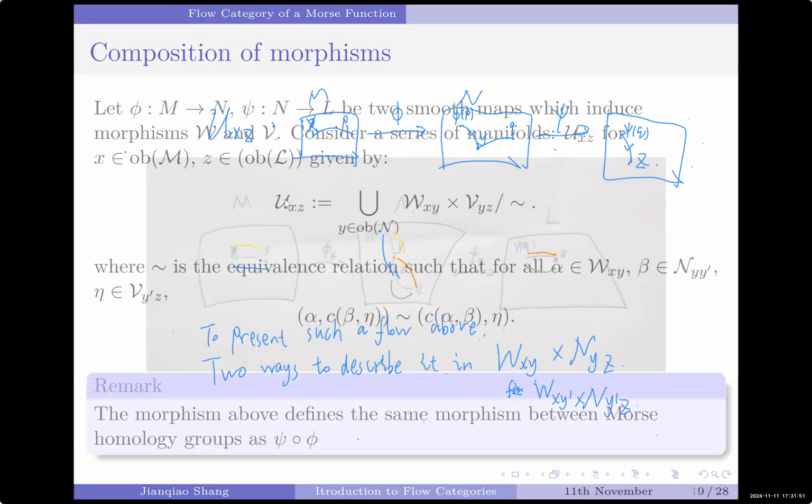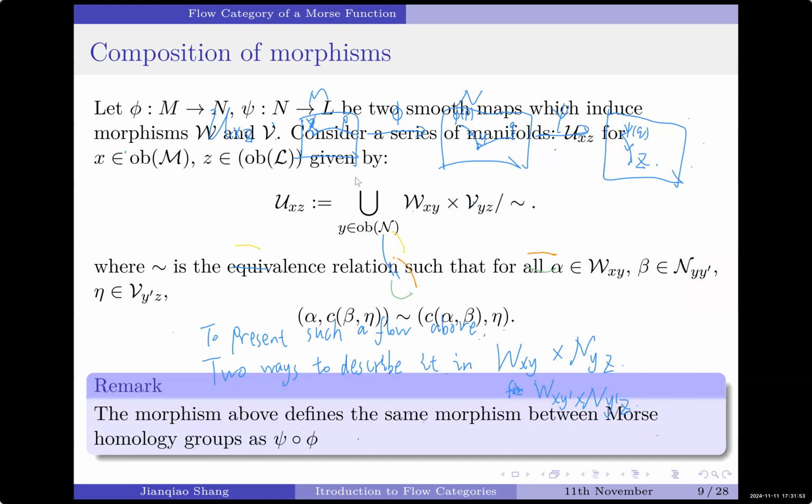So when we define the composition of the morphisms, we need to quotient by such a relation.